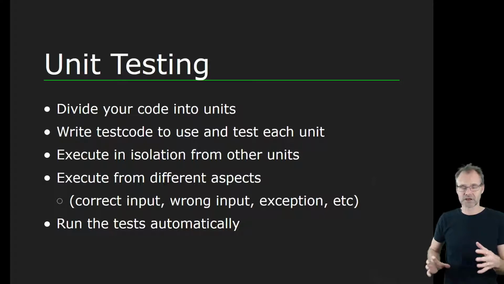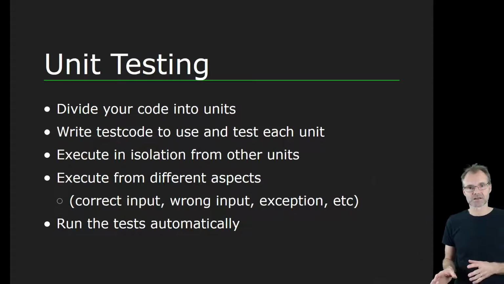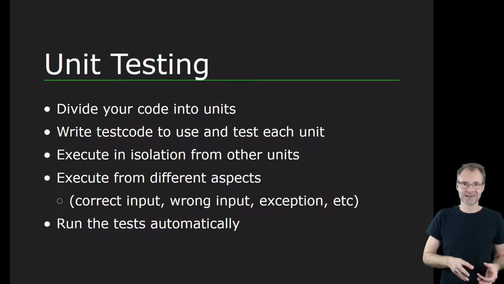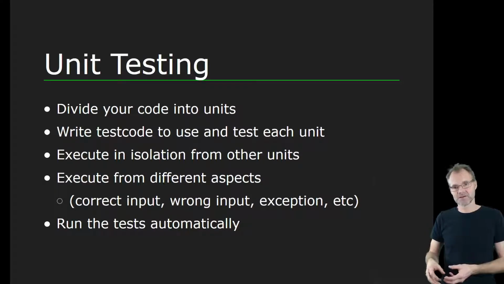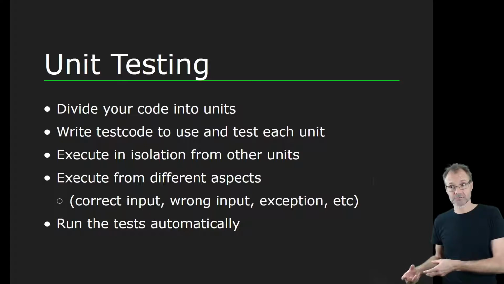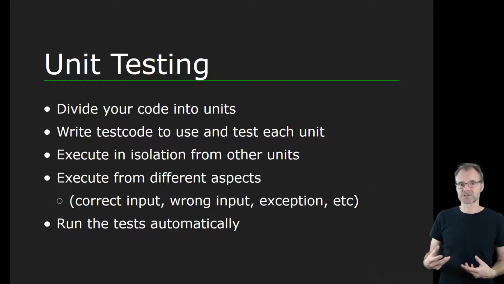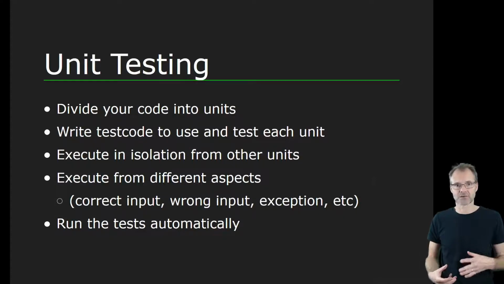So we're talking about units. And then we're going to write test code to test these units. So we're going to write additional code that executes the other code and makes it run. And we're going to try it from various aspects. Does it work? What happens if I send in this argument and that argument?